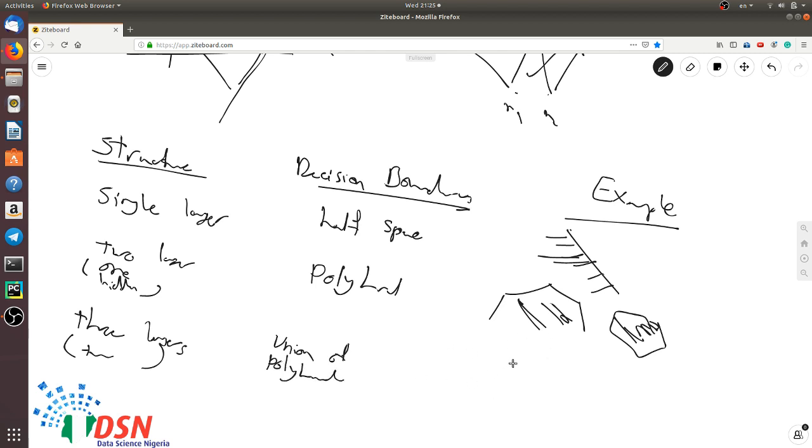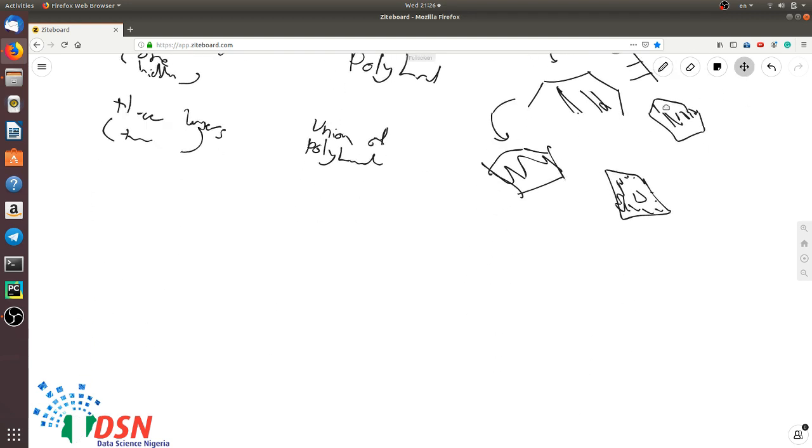As you can see here, these are the intersections of half spaces, and when you add a layer, you can have a union of these polyhedrals. So you could have something like this, very complicated decision boundaries. In fact, with a 3-layer neural network you could create approximately all of the decision boundaries that you want. In other words, MLPs are universal function approximators.